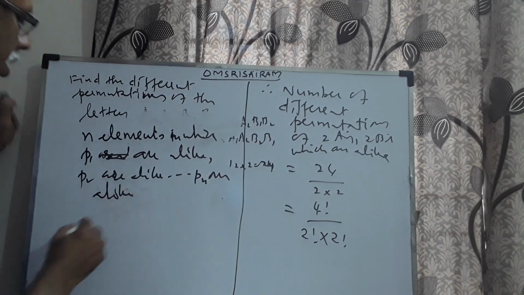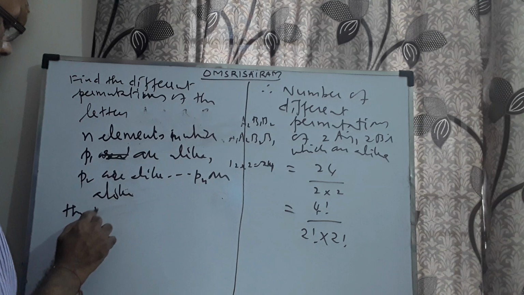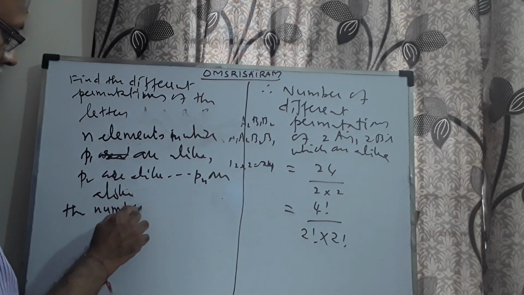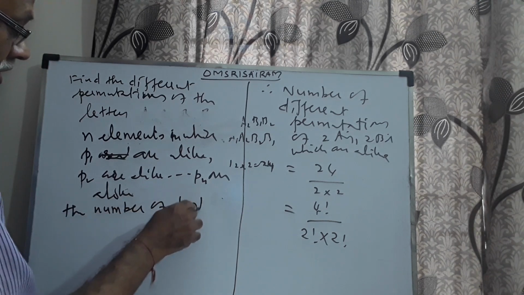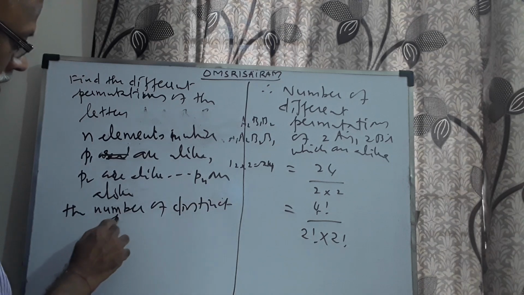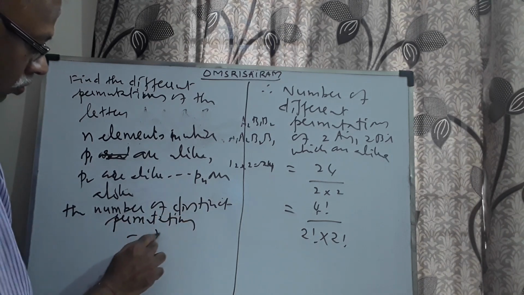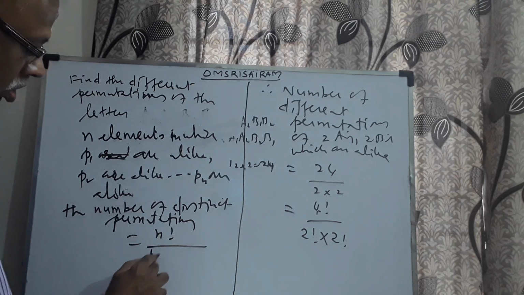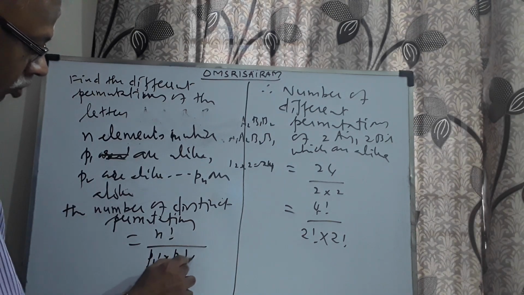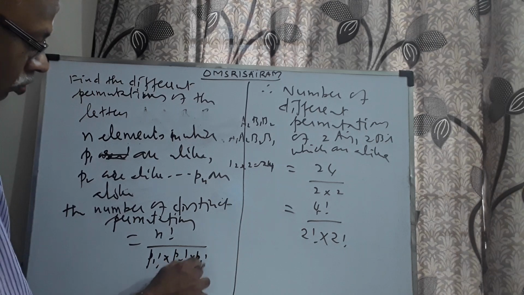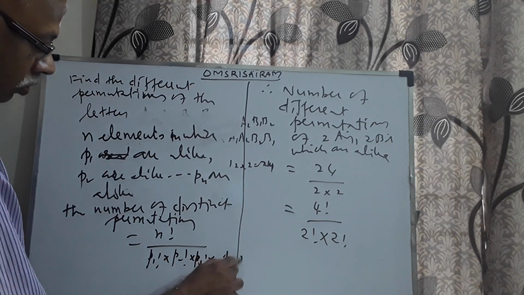They are similar. The number of such permutations, the number of distinct permutations here would be n factorial by P1 factorial into P2 factorial into P3 factorial, etc., Pn factorial.